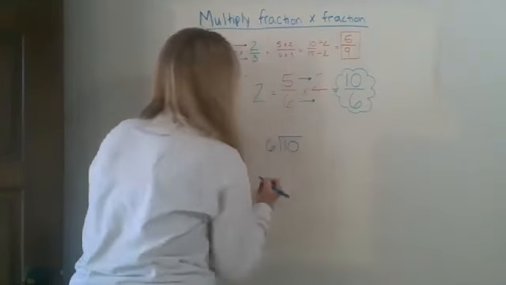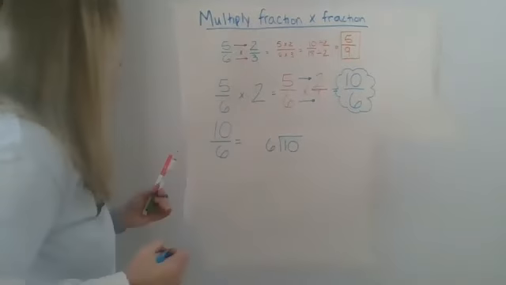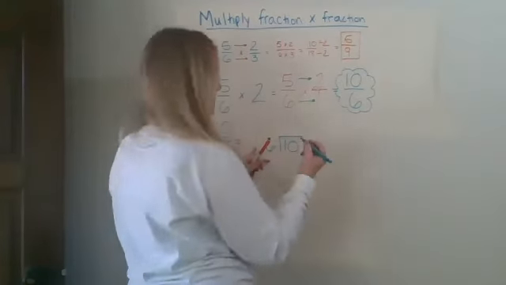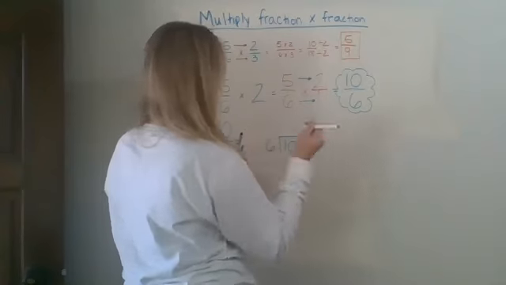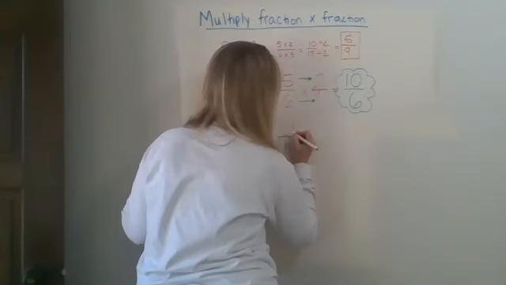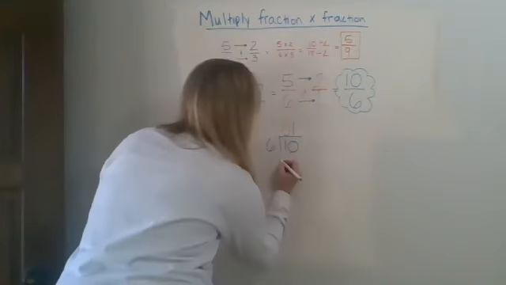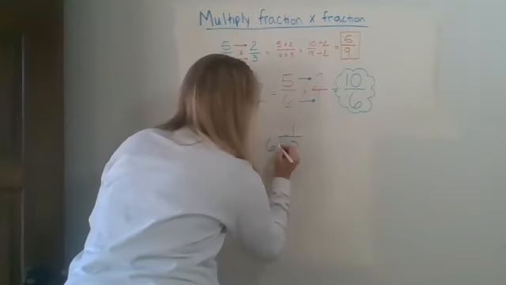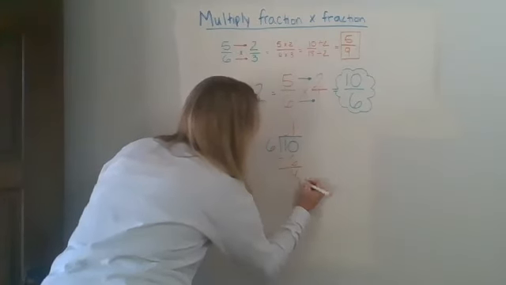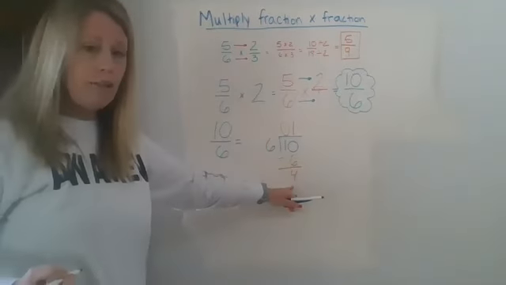My 6 becomes my divisor, okay? 6 can go into 10 1 whole time, okay? So we'll say 1 whole time. Sorry, I've got a crease there, so I'm trying to be careful there. So we will multiply 6 times 1 to get my 6 and subtract. 10 minus 6 is 4. So I have 4 left over.